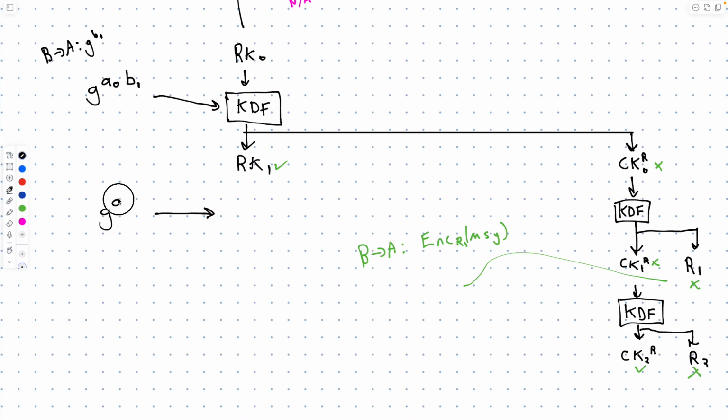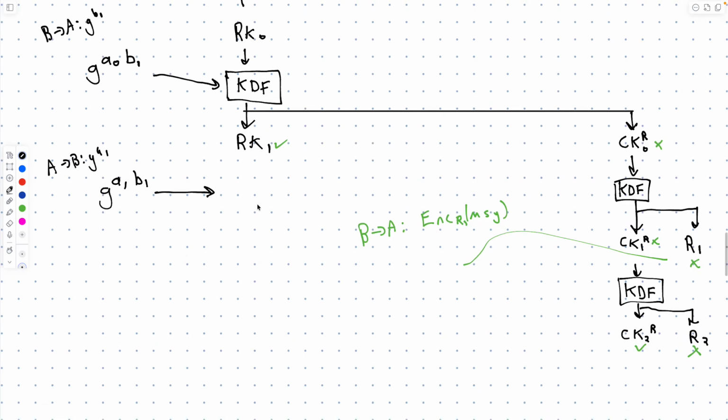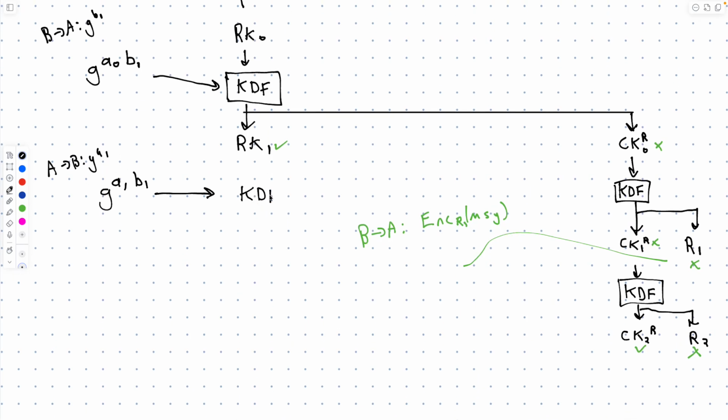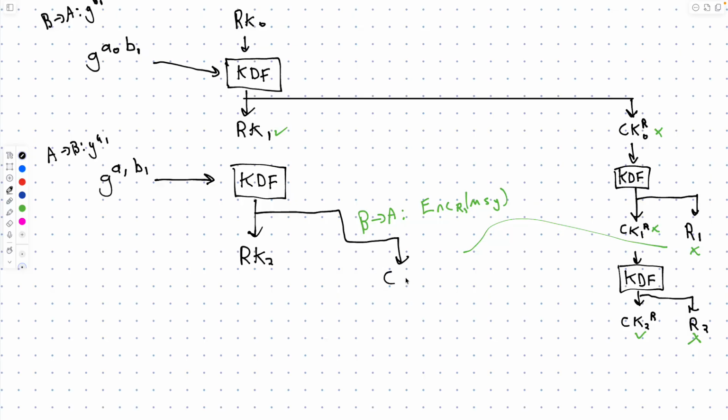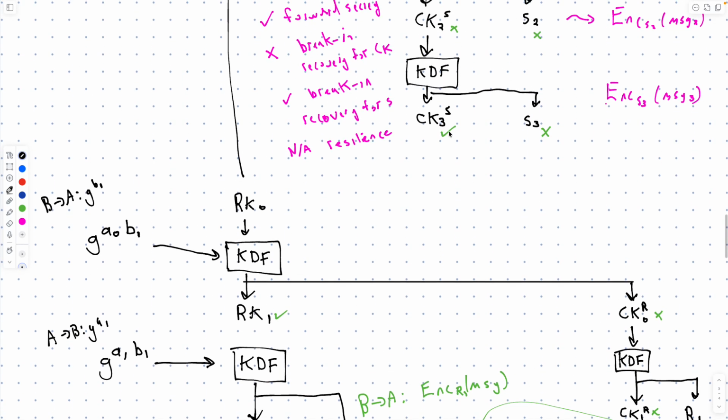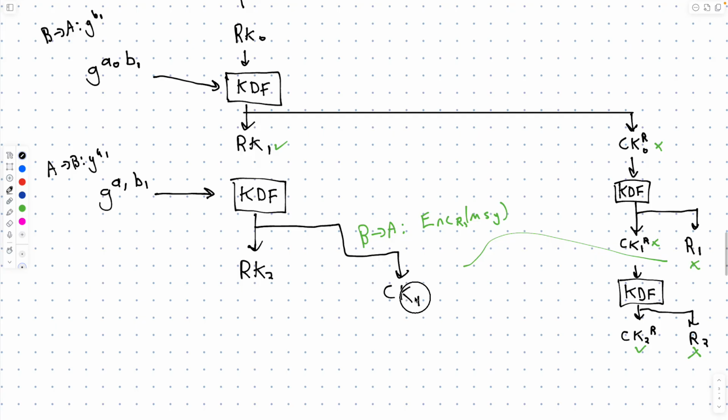So I'll do this from A1 to B1. So I'll get out RK2. I'll update my root key. And then what I'll do is I'll create a new chain key for sending. I'll label it as 4 because that's where I was at before.